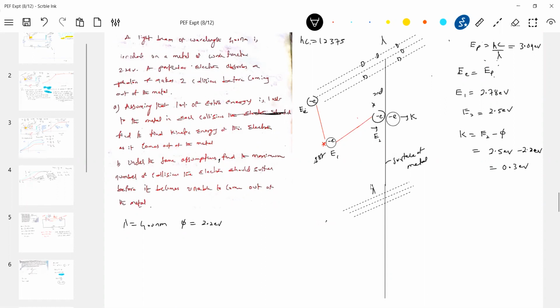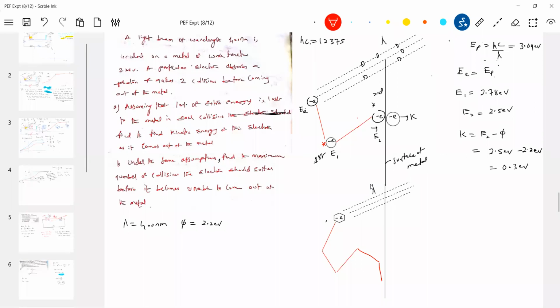The electron will interact, so first one collision occurs, similarly a second collision, third collision, fourth collision. Here we have to check how much energy remains after the fourth collision.